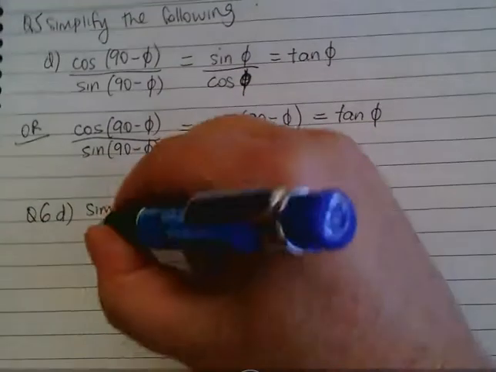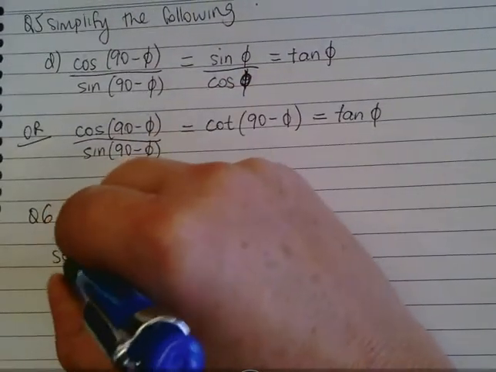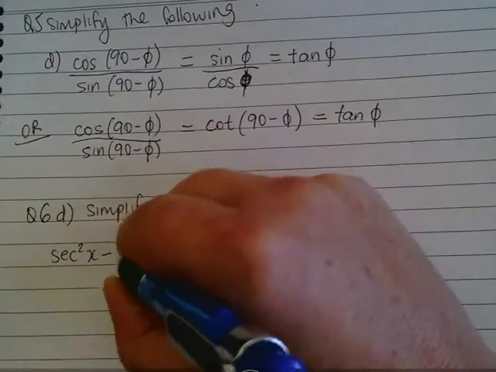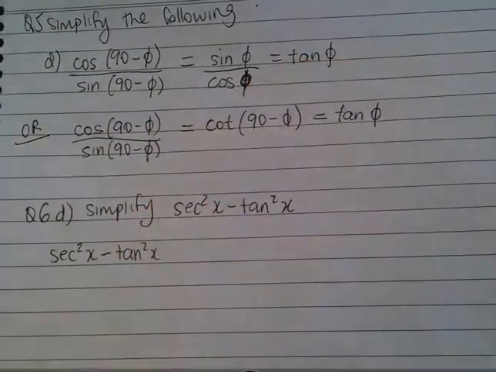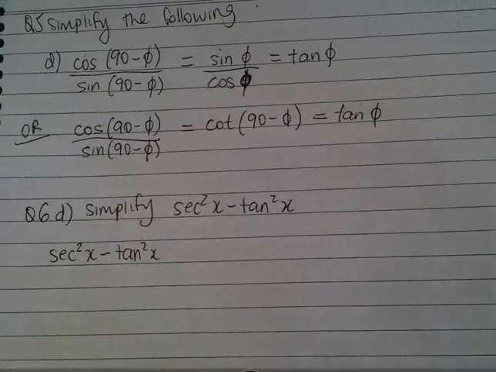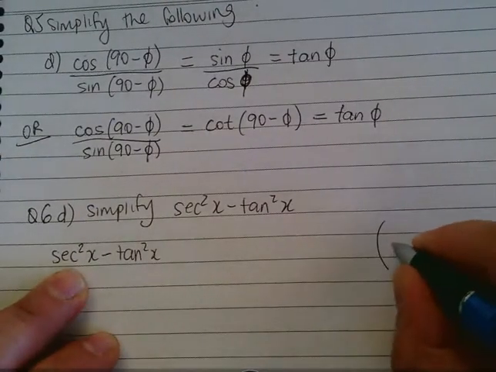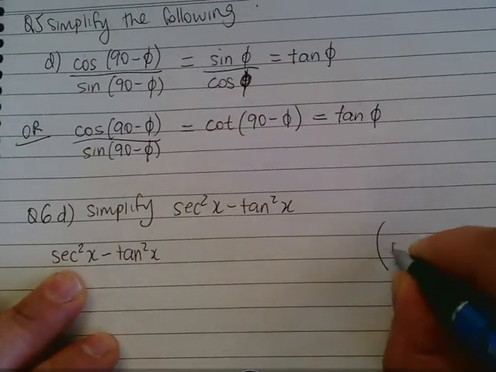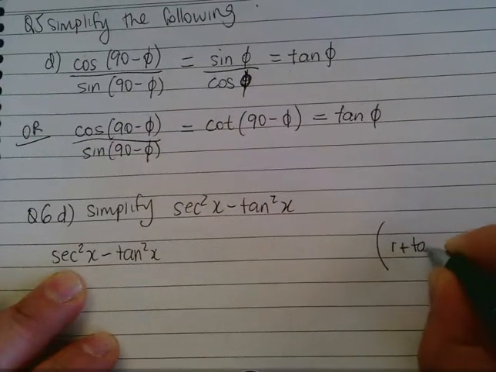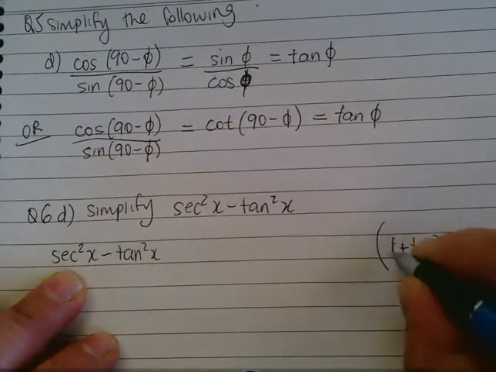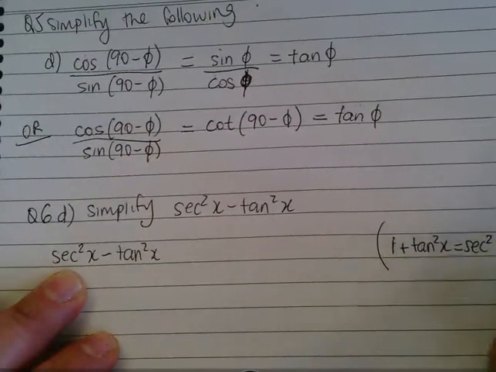So we start with sec squared x minus tan squared x. And you have to think, where have I seen sec squared? Where have I seen tan squared? You know how we've got 1 plus tan squared x equals sec squared x. That would be nice.